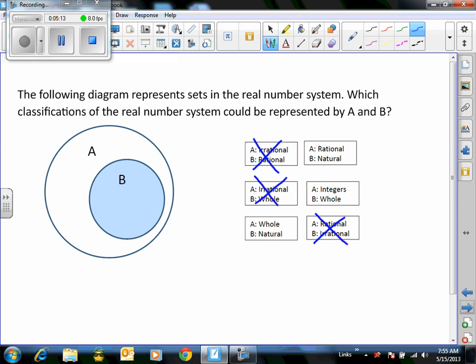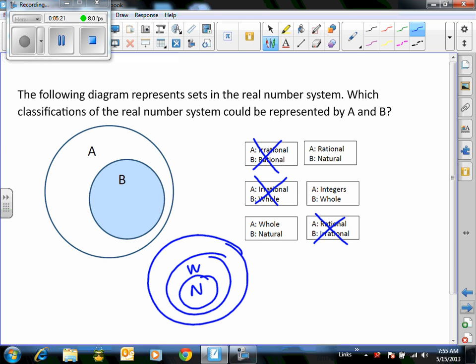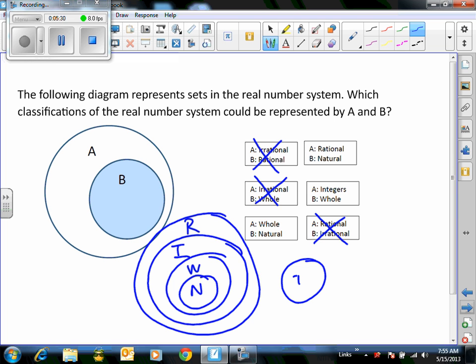And it's something about Nemo: natural numbers, works, whole numbers, in, integers, road, rational numbers, and then the island off to itself, are irrational numbers. Okay, that's kind of a way that we can remember how this is set up.